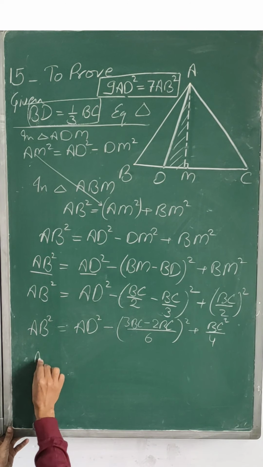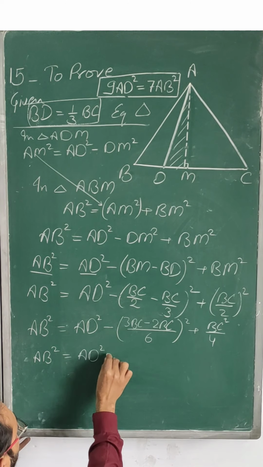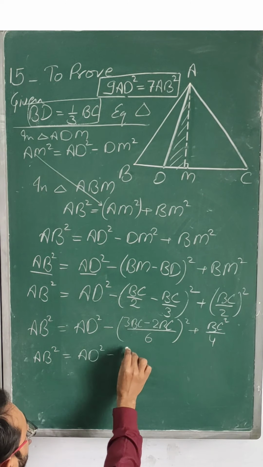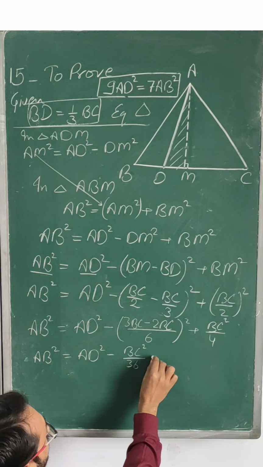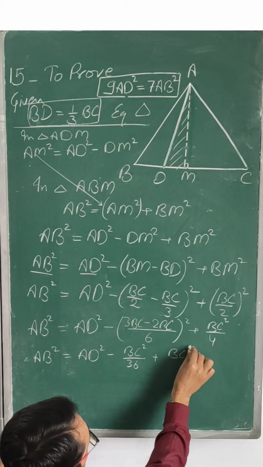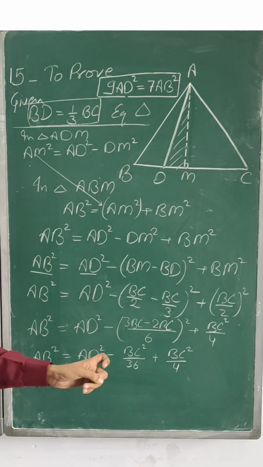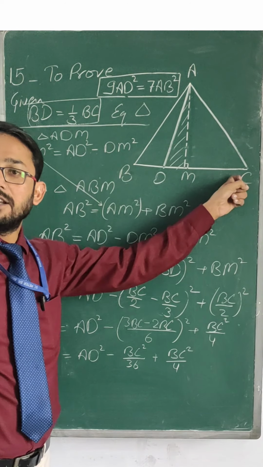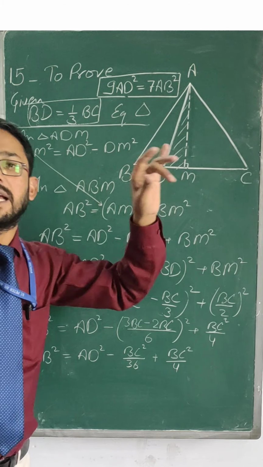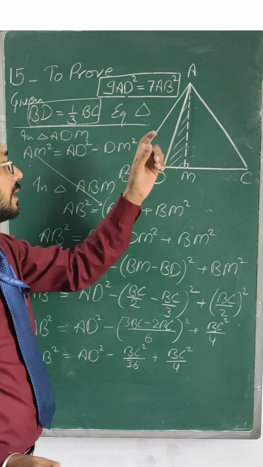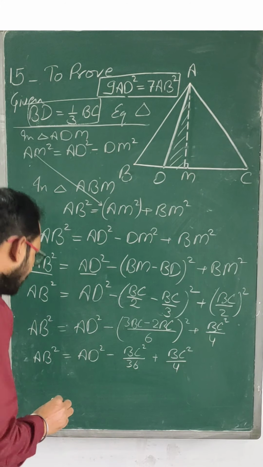So we are getting AB square is equal to AD square minus BC square upon 36 plus BC square upon 4. Now see one thing, BC is a side of an equilateral triangle and we know that all the sides of an equilateral triangle are equal. It means BC will be equal to AB also.